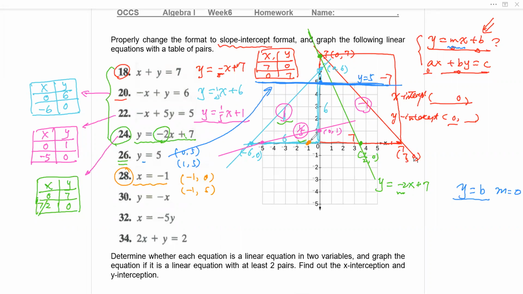So it passes (-1, 0) and (-1, 5). This line is not horizontal, it's actually a vertical line, right? I connect these two points with a linear line, so this becomes a vertical line, x equals -1.